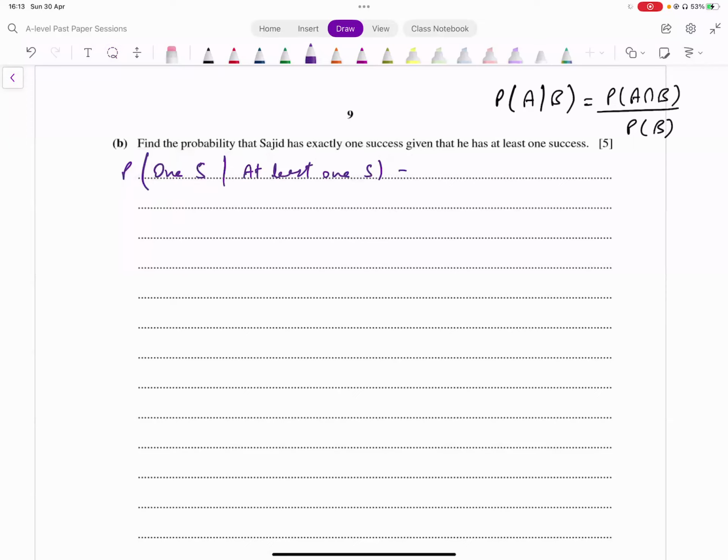Achha. Now what is this going to be equal to? It's equal to probability of 1s intersection at least 1s, divided by probability of at least 1s. ये आपने figure out करनी है, एक intersection figure out करना है और एक नीचे वाली probability figure out करनी है, ठीक है.